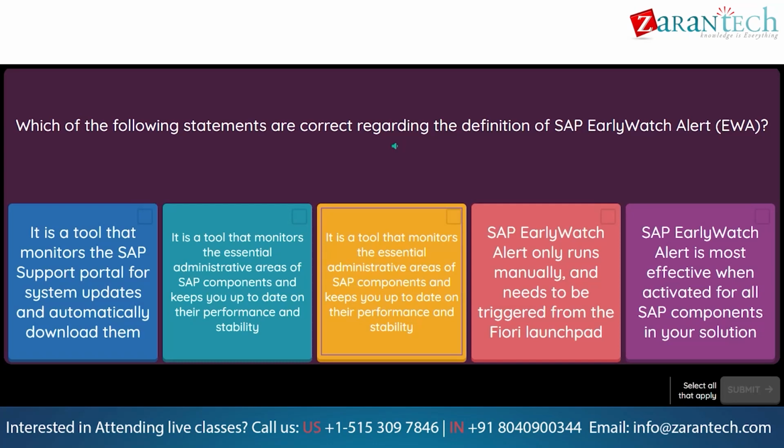Option 3, it is a tool that monitors the essential administrative areas of SAP components and keeps you up to date on their performance and stability. Option 4, SAP EarlyWatch Alert only runs manually, and needs to be triggered from the Fiori Launchpad. Option 5, SAP EarlyWatch Alert is most effective when activated for all SAP components in your solution.